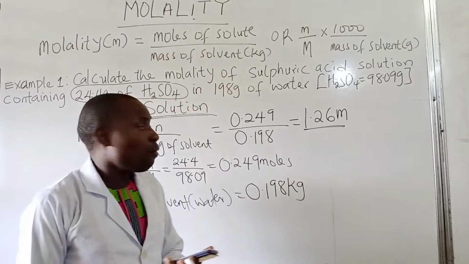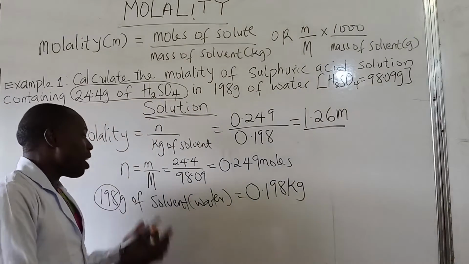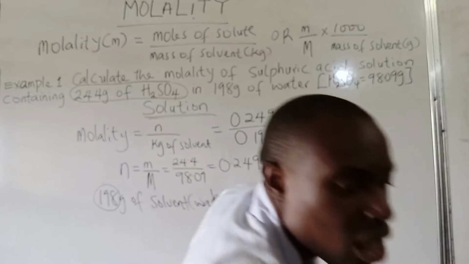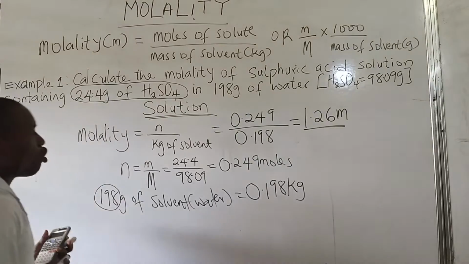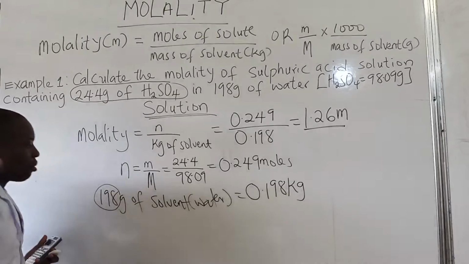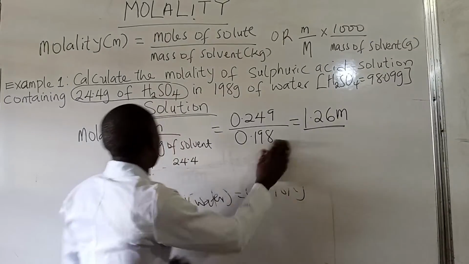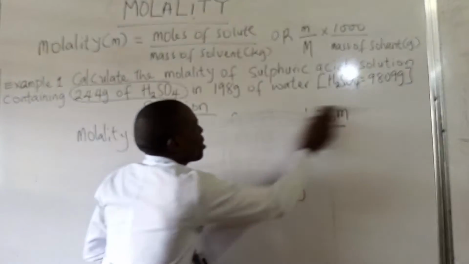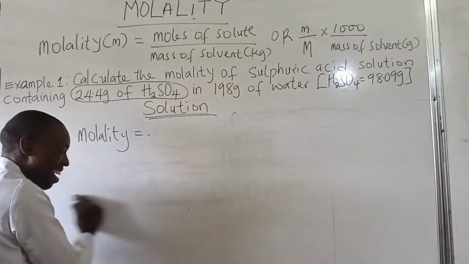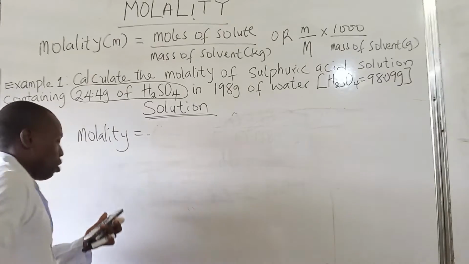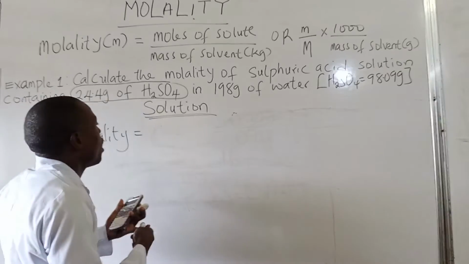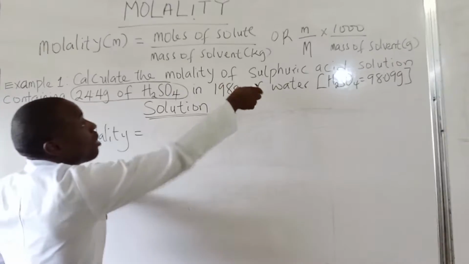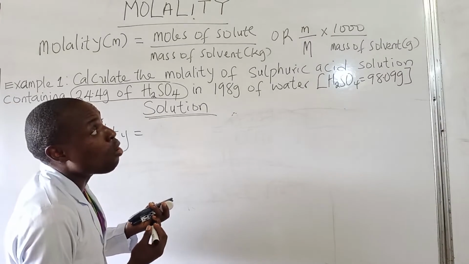Now, in another way, we can also solve it by using the shortcut. Please take note of this. That one will just give us the answer straight without wasting time. So how do we go about it? You're already aware that it is the mass of the solute over the molar mass, multiplied by 1,000 over the mass of the solvent in gram.